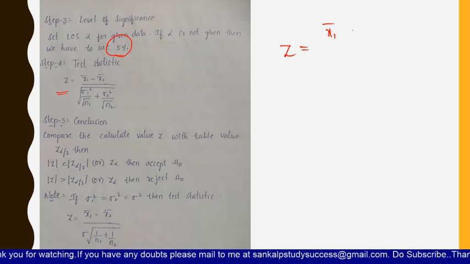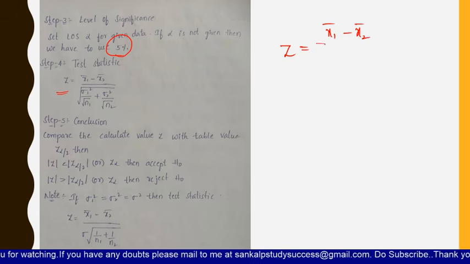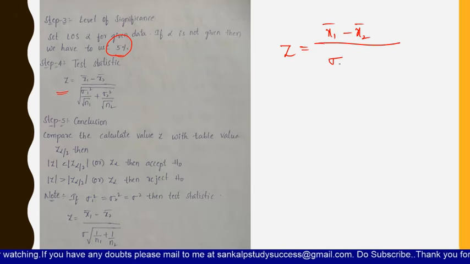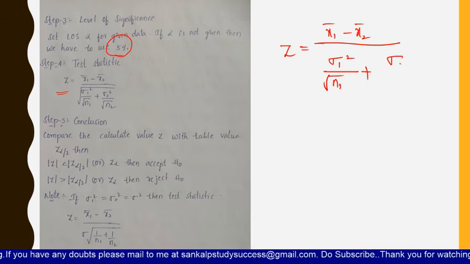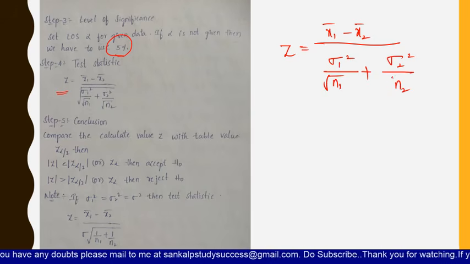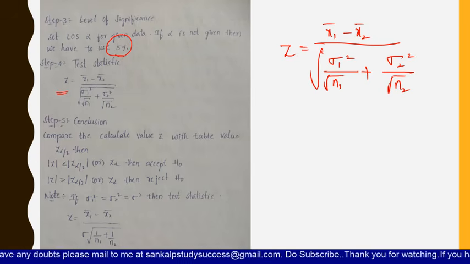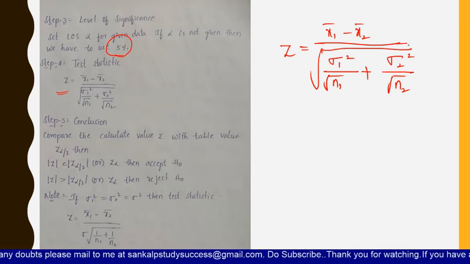It becomes x1 bar minus x2 bar divided by the square root of sigma 1 square by n1 plus sigma 2 square by n2. There will be a whole square root for the denominator. So by applying all the values of x1 bar, x2 bar, sigma 1, sigma 2 and n1 and n2 in the formula, you will get the calculated value of Z.